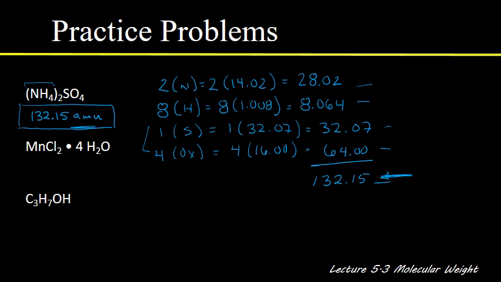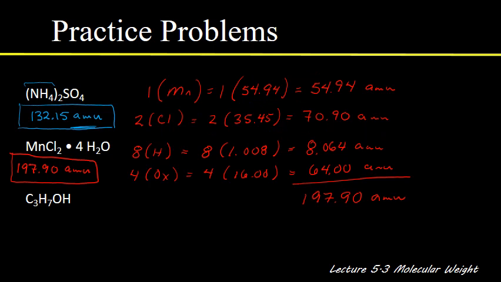It's very important. All right, take a look at that. I'm going to erase that and put up my results for manganese chloride, which is a hydrated salt. For manganese chloride tetrahydrate, I had 1 manganese, 2 chlorines, 8 hydrogens, and 4 oxygens.